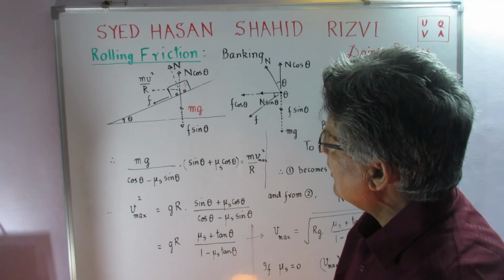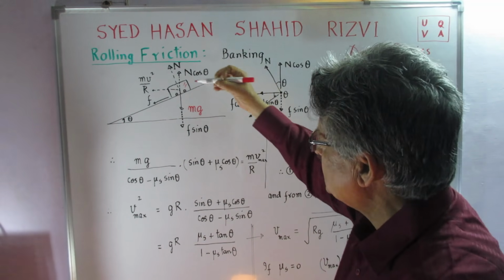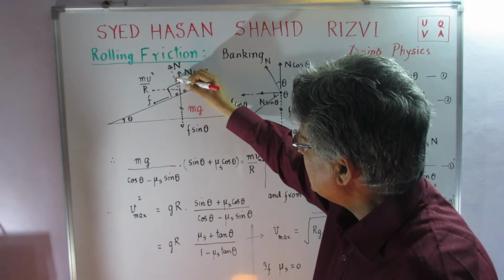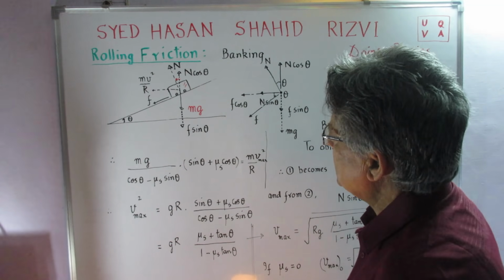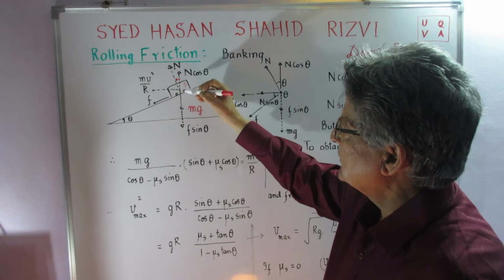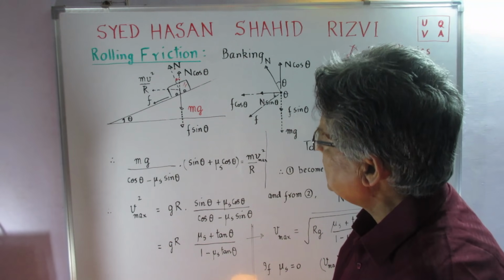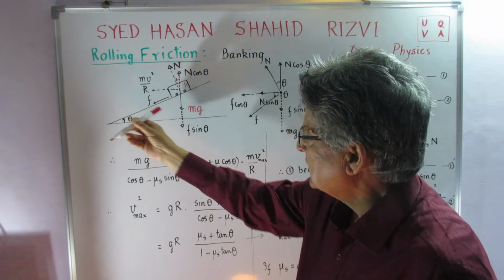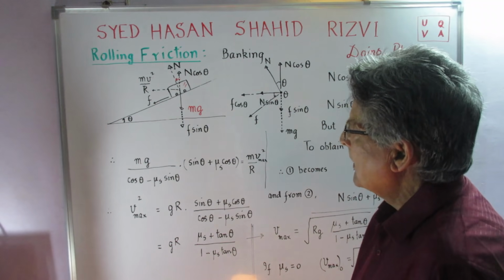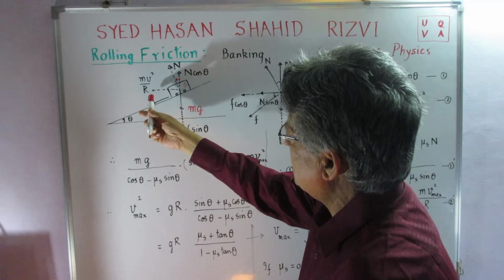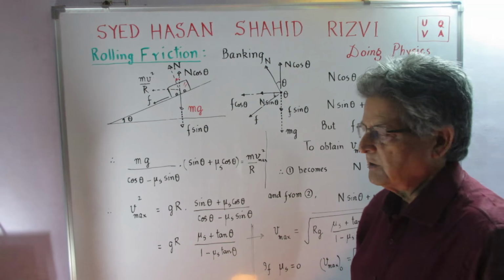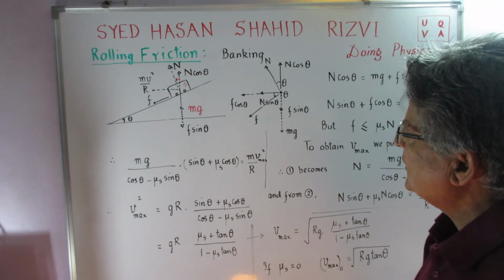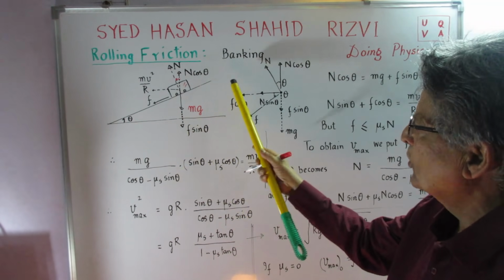The angle over here is also theta. If you look at the geometry, you find that this angle is theta. So N is resolved along this direction as N cos theta, and the frictional force is parallel to the road, and mv square upon r is toward the center of the circle that the vehicle is going to take. So this is the description of what is happening on a banked road.